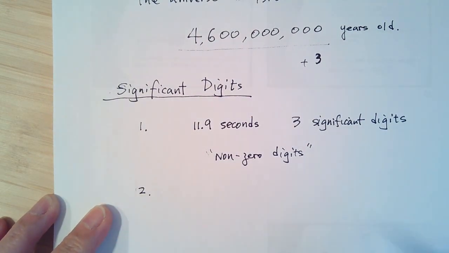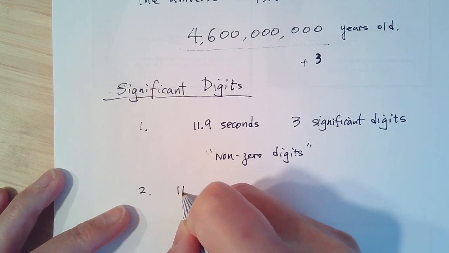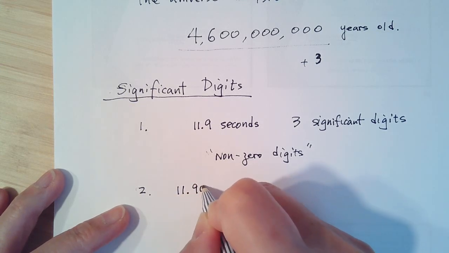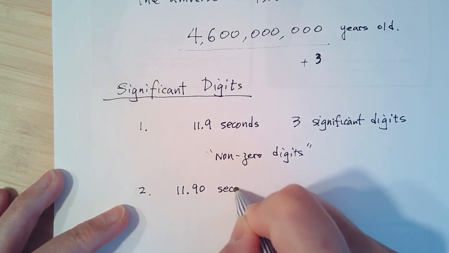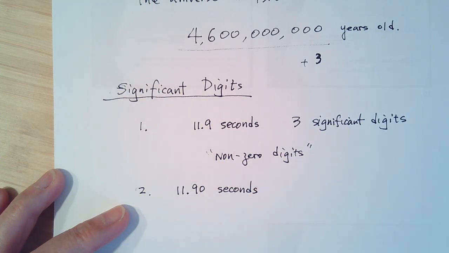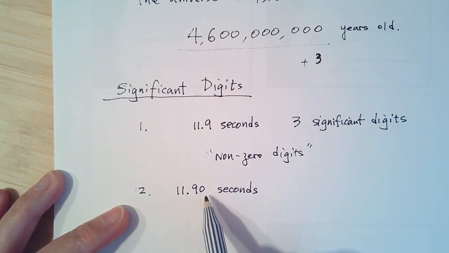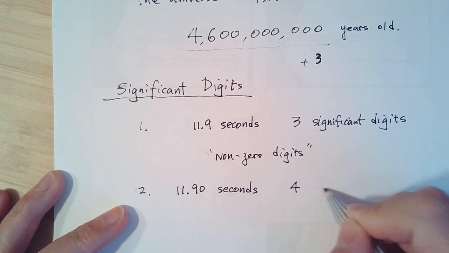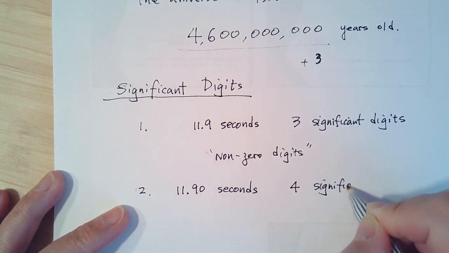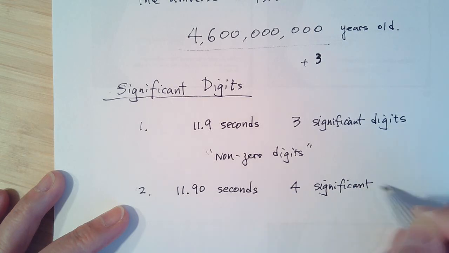Now let me give you another example. 11.90 seconds. How many significant digits? Guess what? 4. A 1 and a 1 and a 9 and a 0. So this one has 4 significant digits.